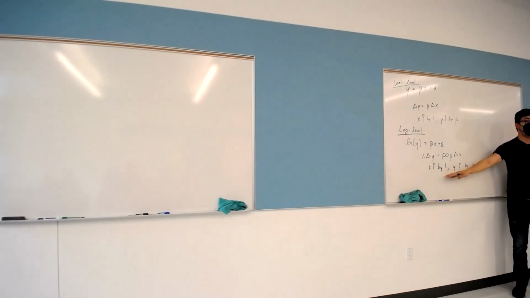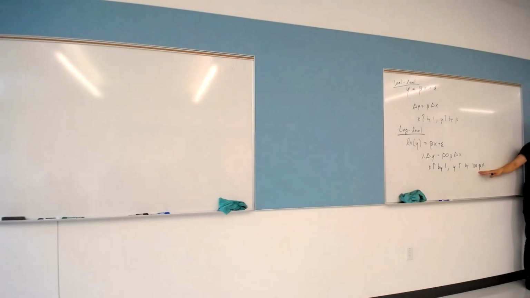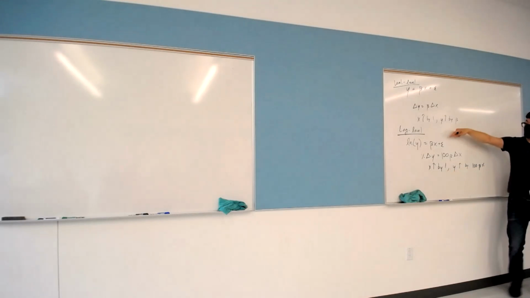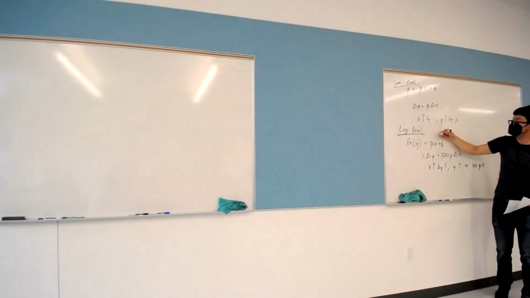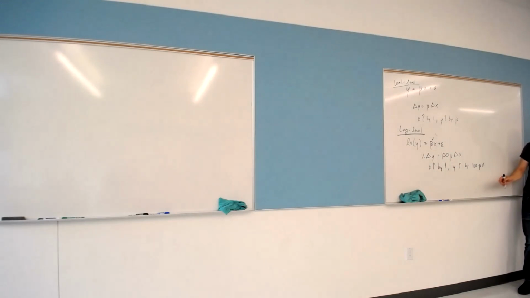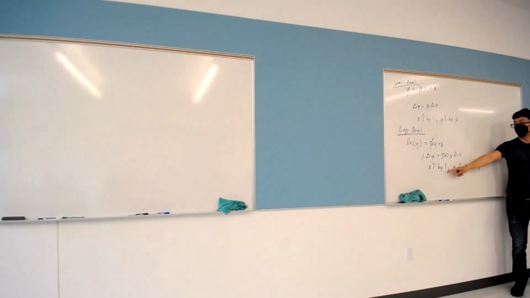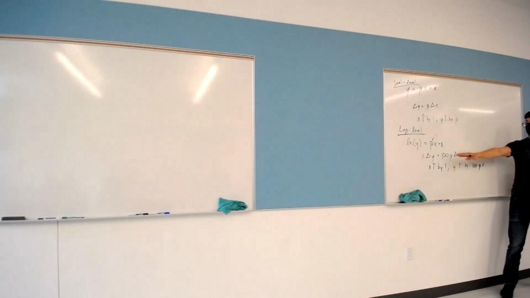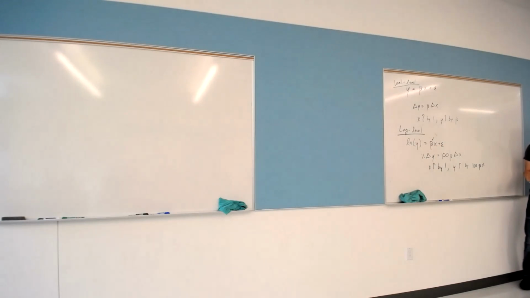So if beta in this equation is, say, 0.3, then as x goes up by 1, the value of y will increase by 30%. Okay.